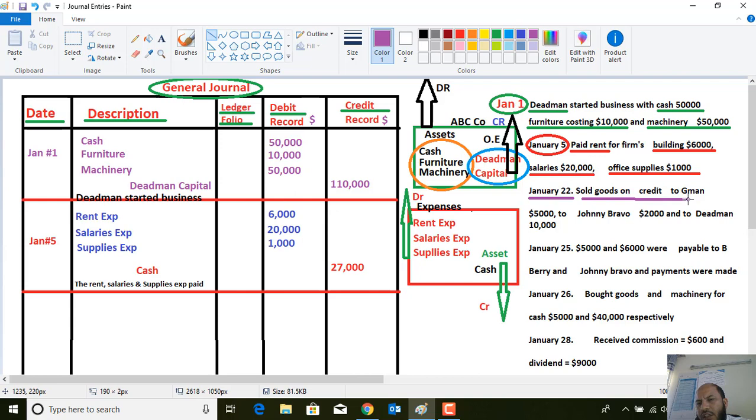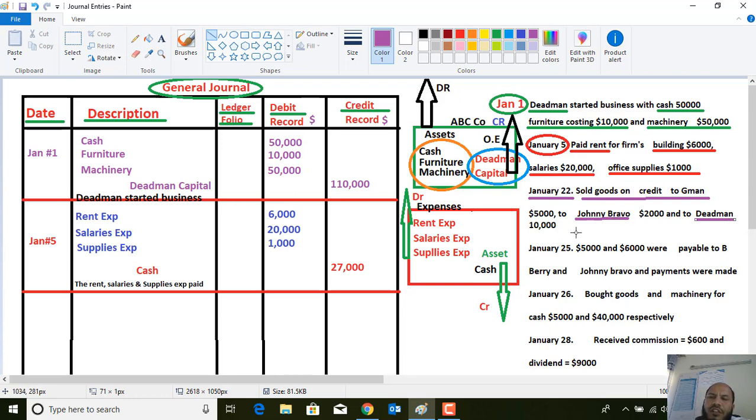But keep in mind that this is not on cash, but on credit. It means we have receivables from the customers. So three persons have purchased goods from the company and the company sold goods to them.